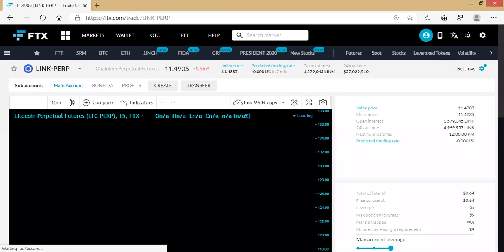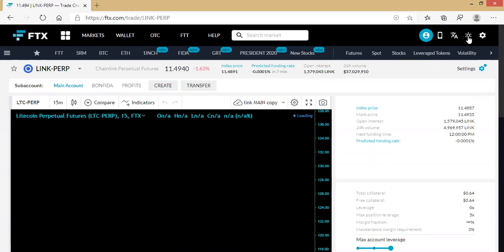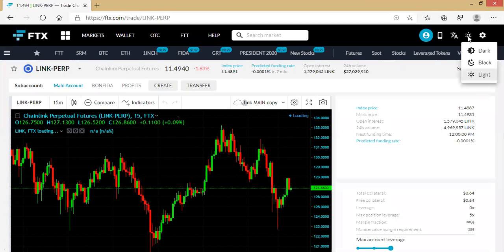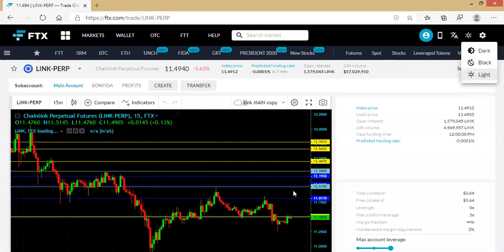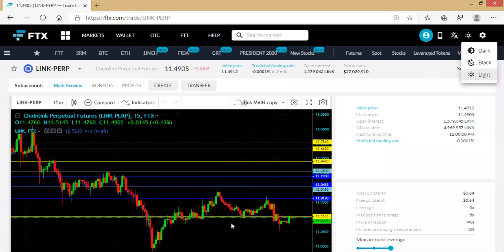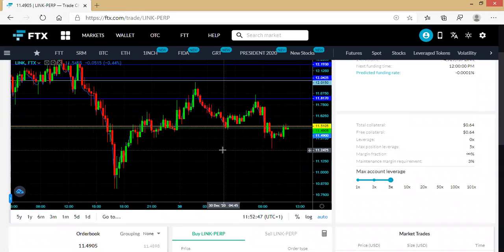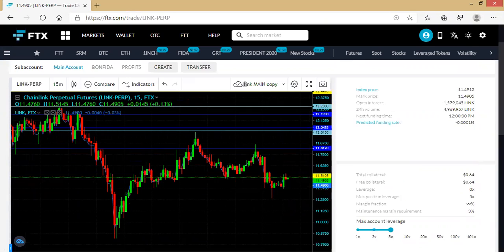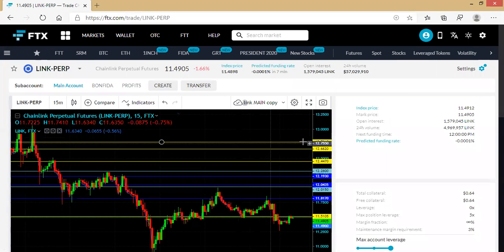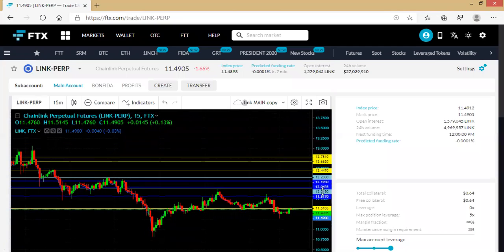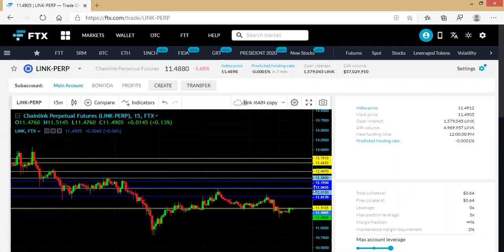We are waiting for it to come up, and it's coming up. Let me change it. Okay, it's fine this way. You can see this was the analysis I did before. That's one thing with the FTX exchange: you have a way of configuring it to suit you, setting it to however you want.